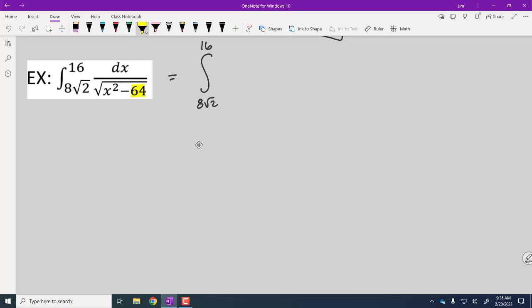And when that 64 is factored out to the front, first off, is it in the numerator or in the denominator? Denominator. So it's in the denominator now, so it has to stay in the denominator once we complete our factoring.